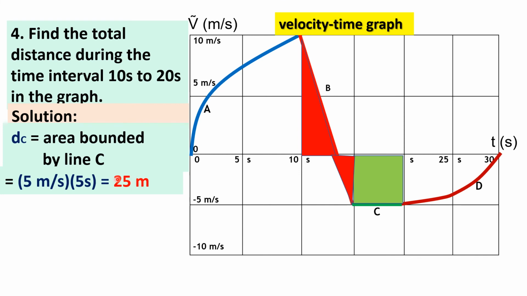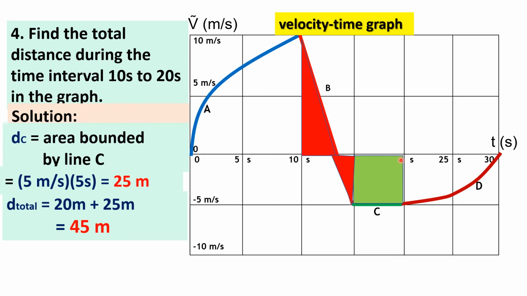So, this is the distance traveled by the body during that time interval of 15 seconds to 20 seconds. So what do we do next? Of course, we just add the two distances during the time of 10 seconds to 15 seconds, which we got earlier.